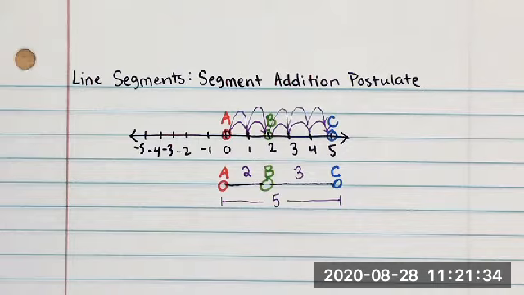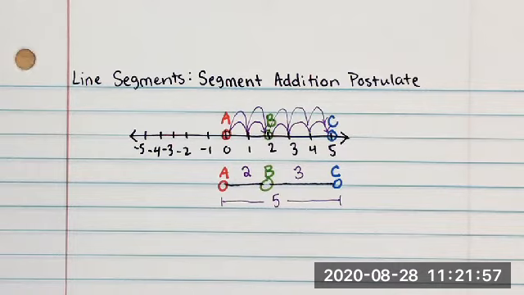And this can be applied to anything physical with length. If I take two pieces of string and lay them next to each other and measure from one end to the other, it's going to be the sum of the length of the two pieces themselves. You can do it with, like I said, popsicle sticks. You can do it with PVC pipe. You could do it with literally anything that you can measure the length of.